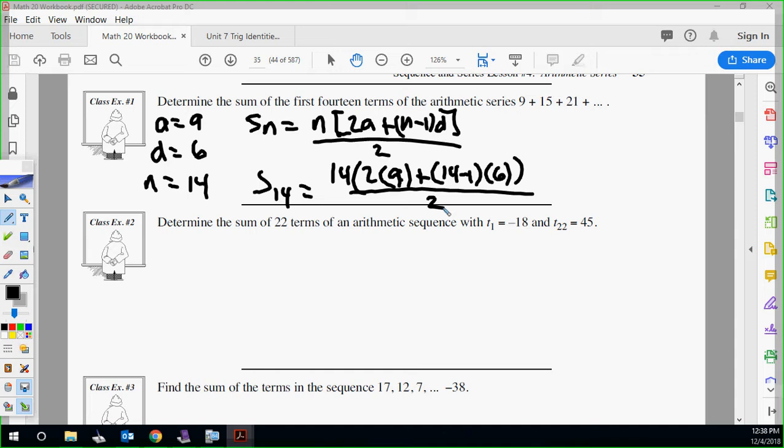This is 13 times 6, which is 78. So you have 18 plus 78, which is 96. And what's 14 over 2? 7. So it's going to be 7 times 96, and that's 672, your answer.